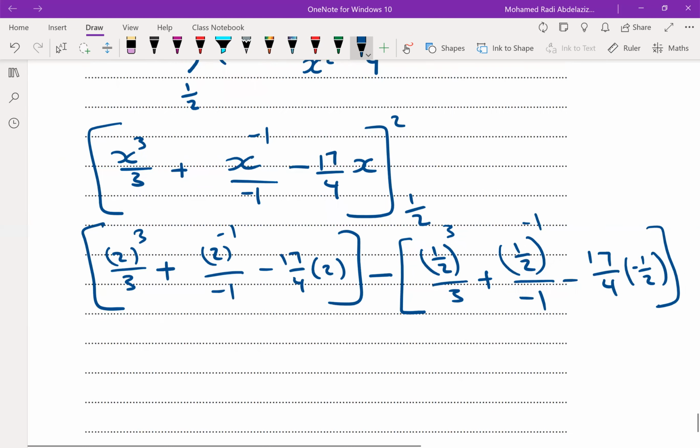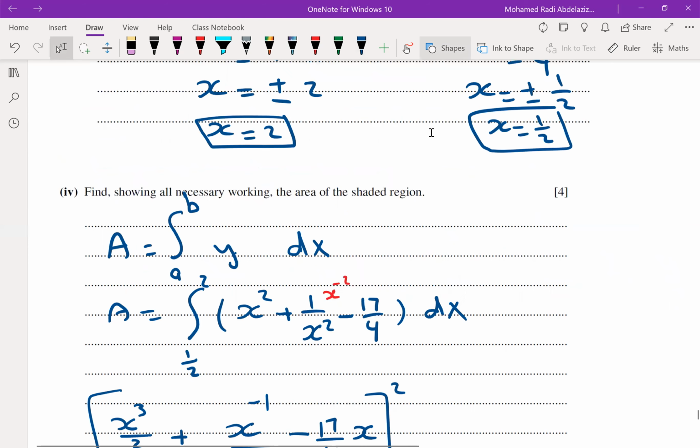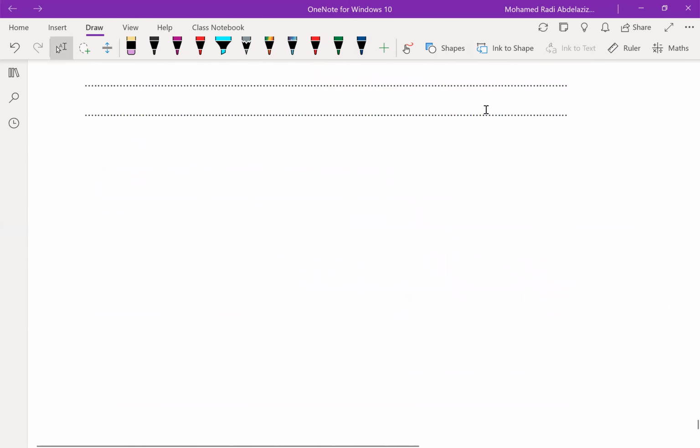Simplify your answer and you will get the area under the curve and the x-axis. Your answer is negative 9 over 4 after simplification, but the area has to be positive, so 9 divided by 4. You can check your answer by using the calculator. Done, thank you.